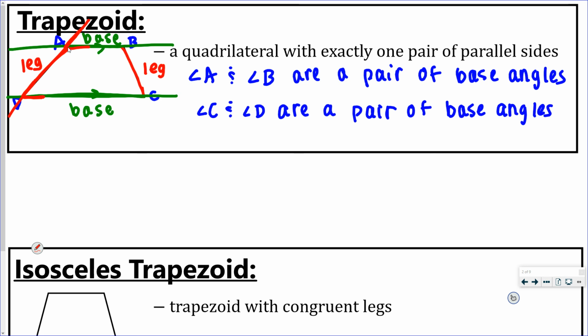Why? I think you mouthed it. What'd you say? Corresponding angles, right? Corresponding angles. And these two have to add to what? 180, or I think I heard you say consecutive interior. Did you say that?